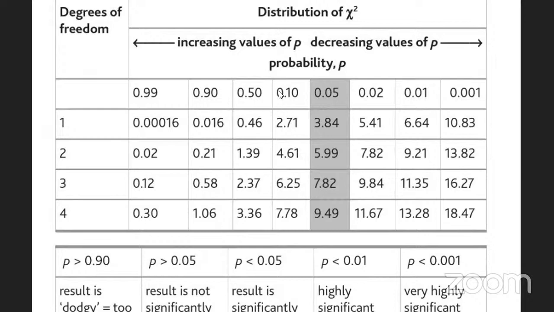All right, how do we use this table? The first column here is the degree of freedom. So you have 1, 2, 3, 4. I will show you how to get the degree of freedom.